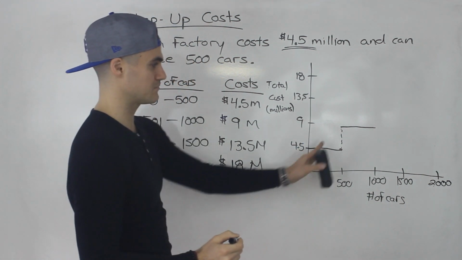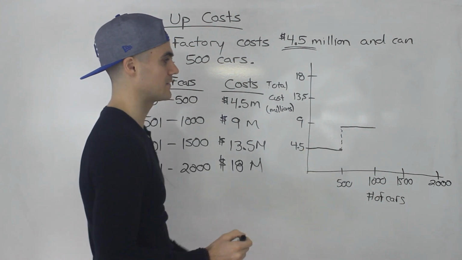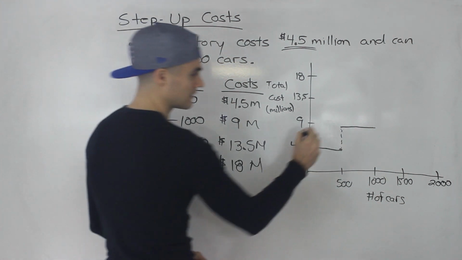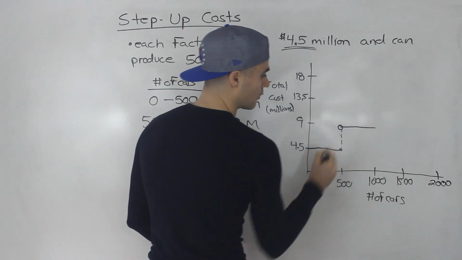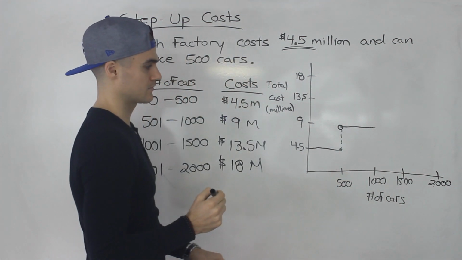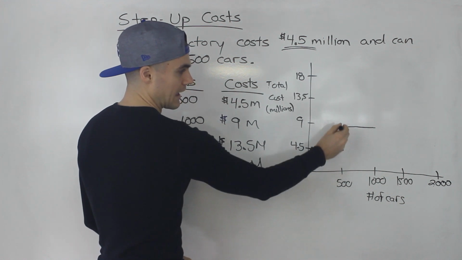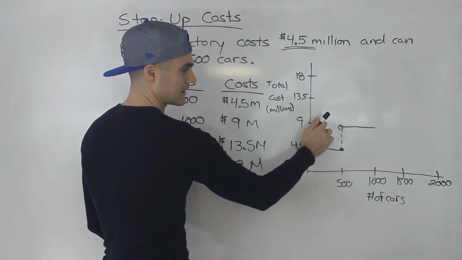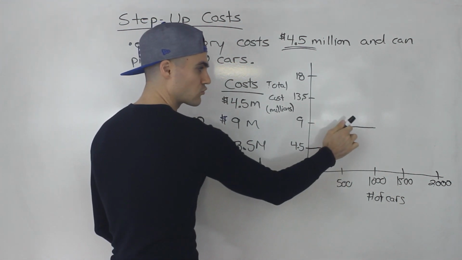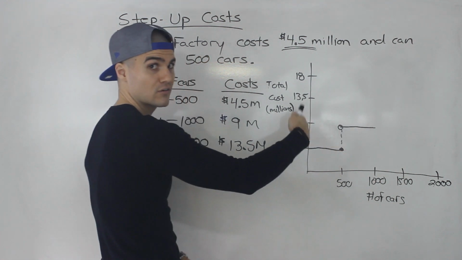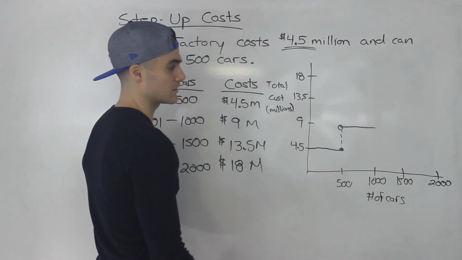I don't like to put that because it's just not mathematically correct. If anything, at 500 you should be putting a hole there, right? Because at 500 cars, we're still at 4.5 million. This hole represents that it's not 9 million for 500, but right after the 500, the 501st car, it's going to be 9 million.